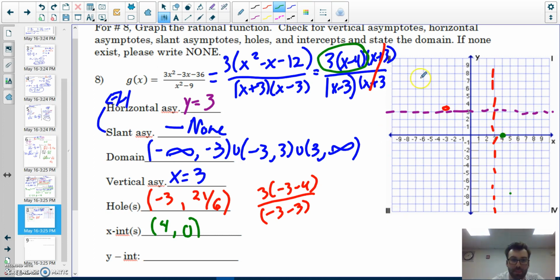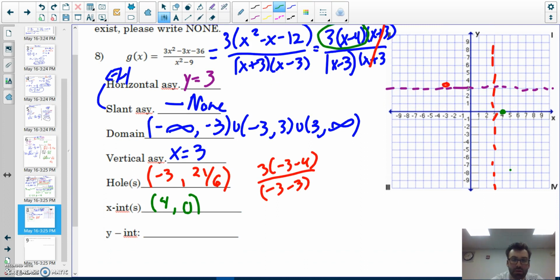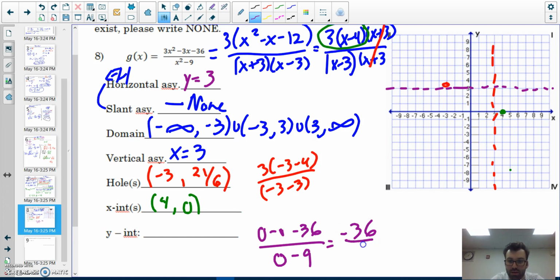4, 0. Y-intercepts, plug in 0 for my x. So if I plug in 0 for my x from my original, I get 0 minus 36 over 0 minus 9, so negative 36 divided by negative 9, which is 4.